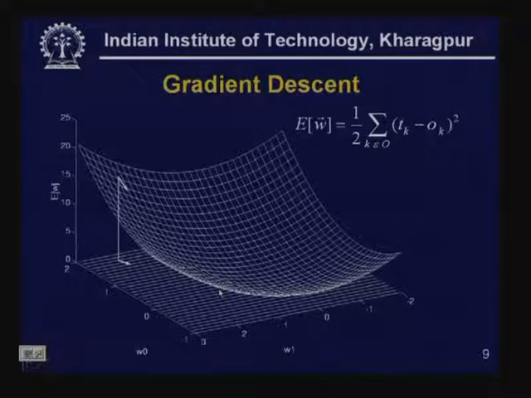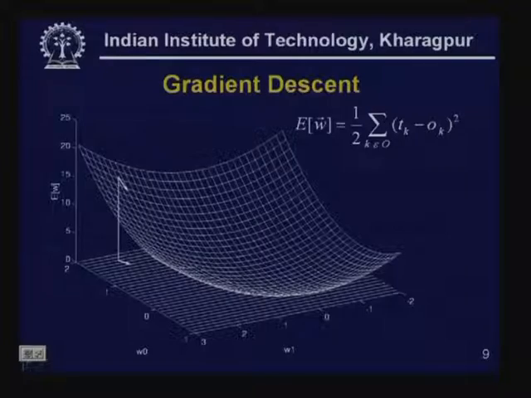We also looked at how, if we have a function which is continuous and differentiable, we can use gradient descent to find out the set of weights for which the function has minimum error.